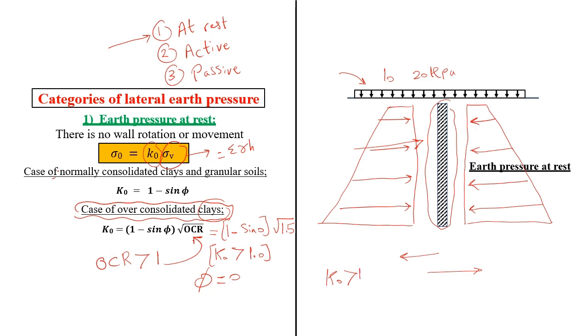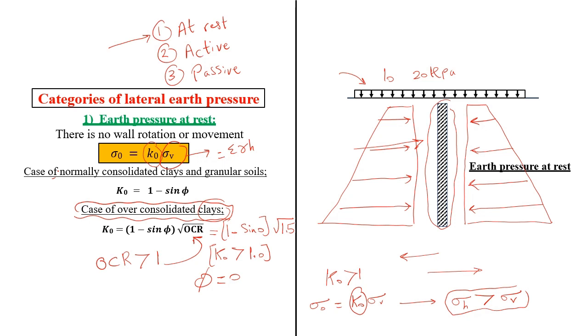When you compute the lateral earth pressure sigma O, which is KO times sigma V, KO being greater than 1 leads to sigma horizontal being greater than sigma V. So in some cases you can observe by calculations that the lateral earth pressure is greater than the vertical stress.